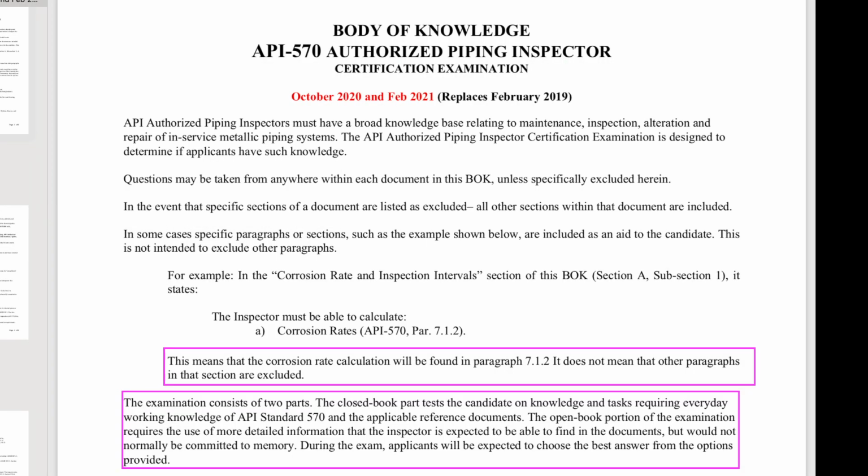Body of knowledge. Here comes the body of knowledge for API 570 certification. The main thing you have to check is that the examination has 2 parts: one is closed book and the other is open book. I highlighted this.